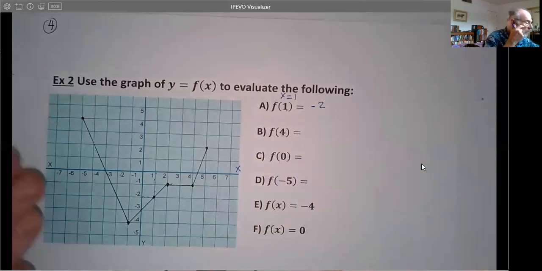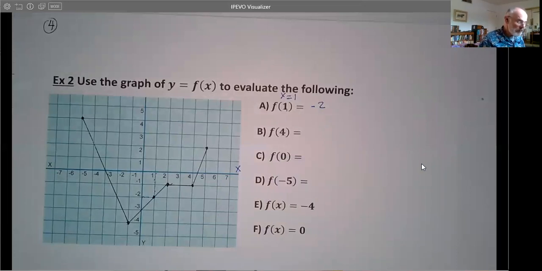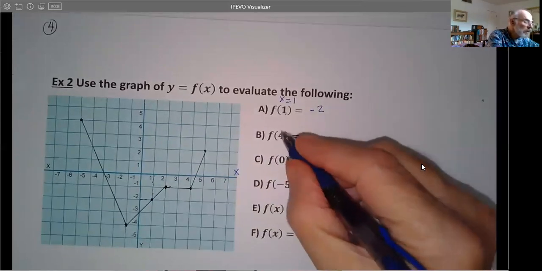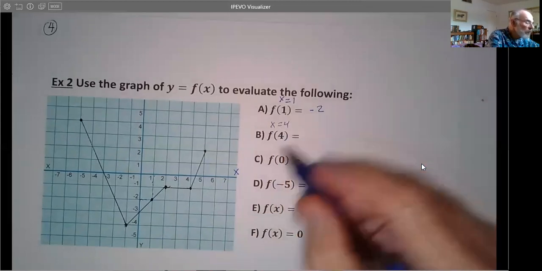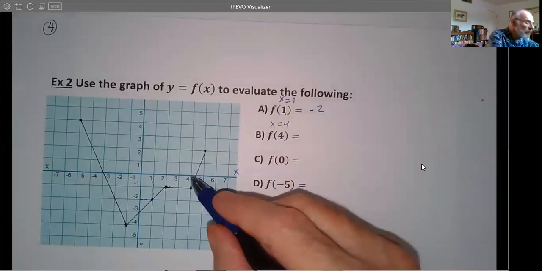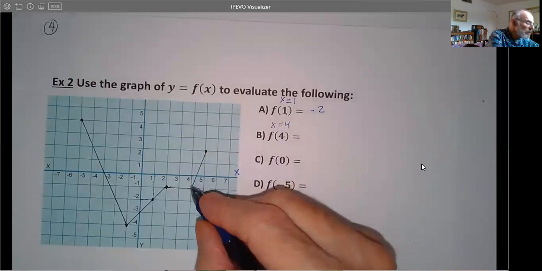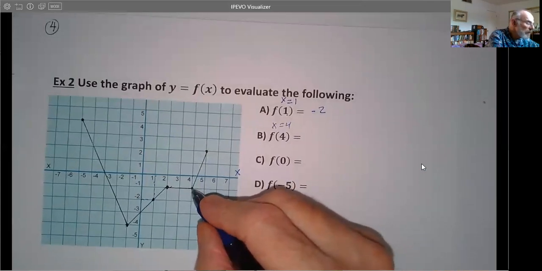Okay, and we'll go on, and so this has to be x equals 4. So I go over here. Here's where x is 4. Go down, and you'll notice that the point's down here.